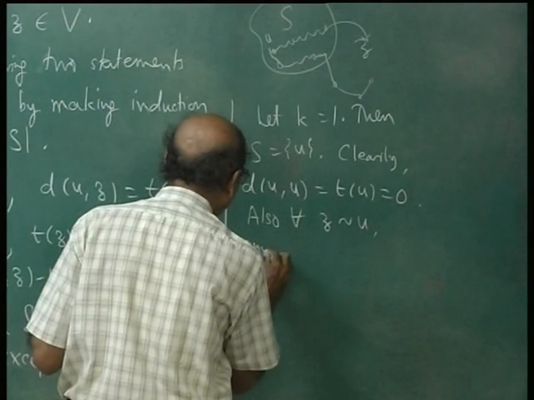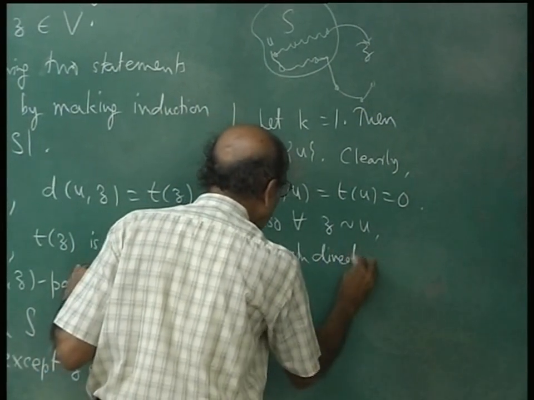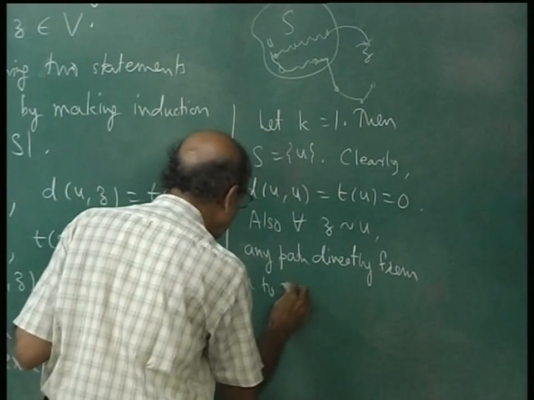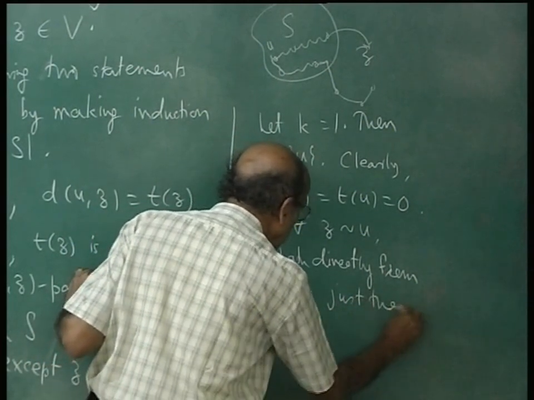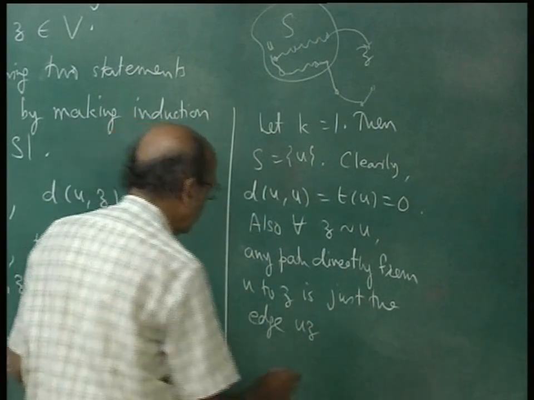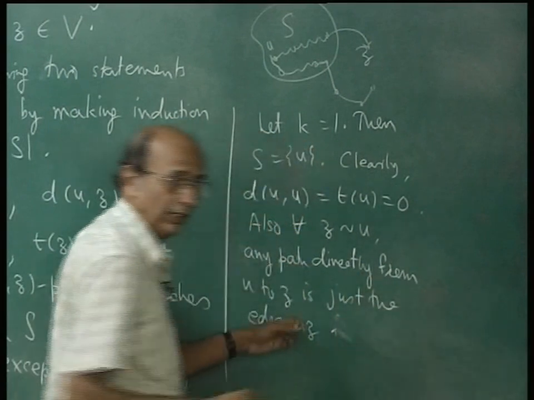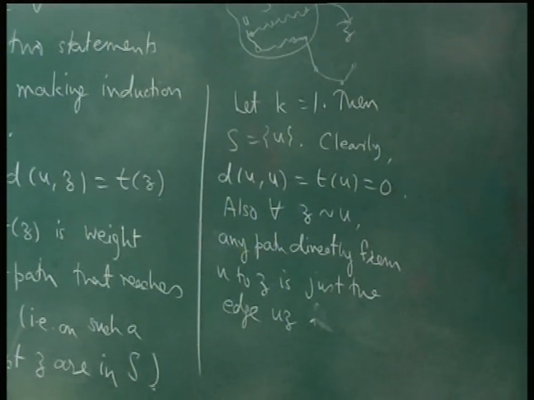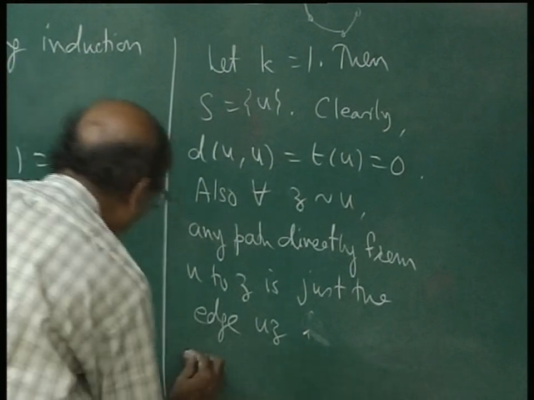Any path is just the edge UZ. Therefore, this is true in case of the first step of iteration. So 1 and 2 hold.